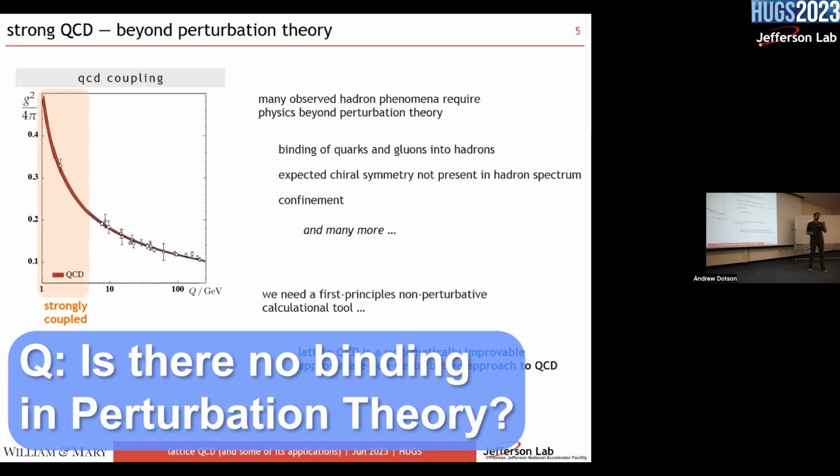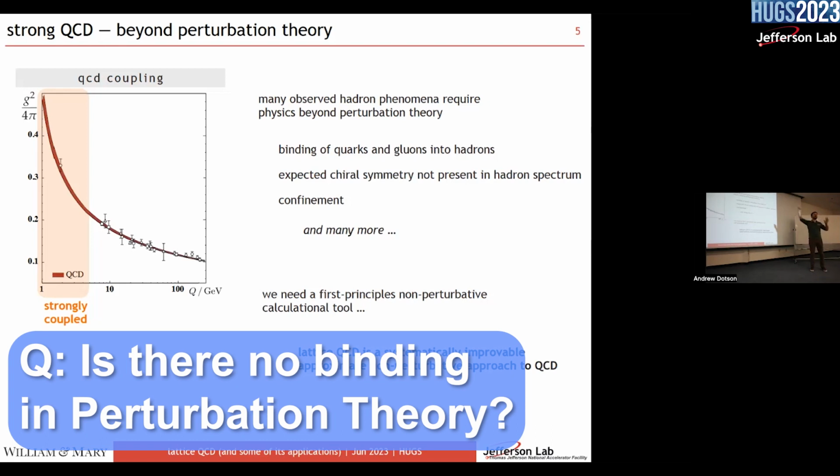You can basically think about it in the following way. In order to have binding, you have to have a pole in a propagator, right? And a pole in a propagator is like 1 over p squared minus m squared, for example.